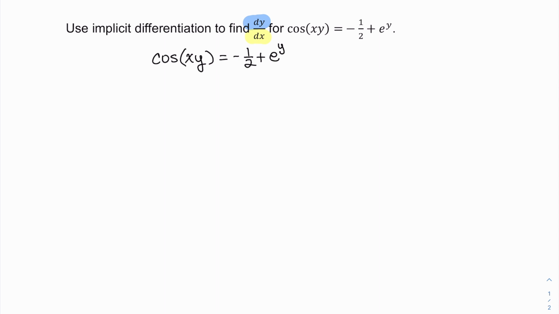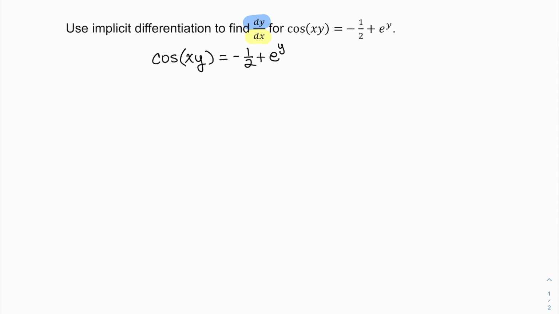Now, with implicit differentiation, we need to be careful to use the derivative rules that we've already learned. When we are differentiating the independent variable, here the x, we just go ahead with our rules. We don't need to do any extra factor there.